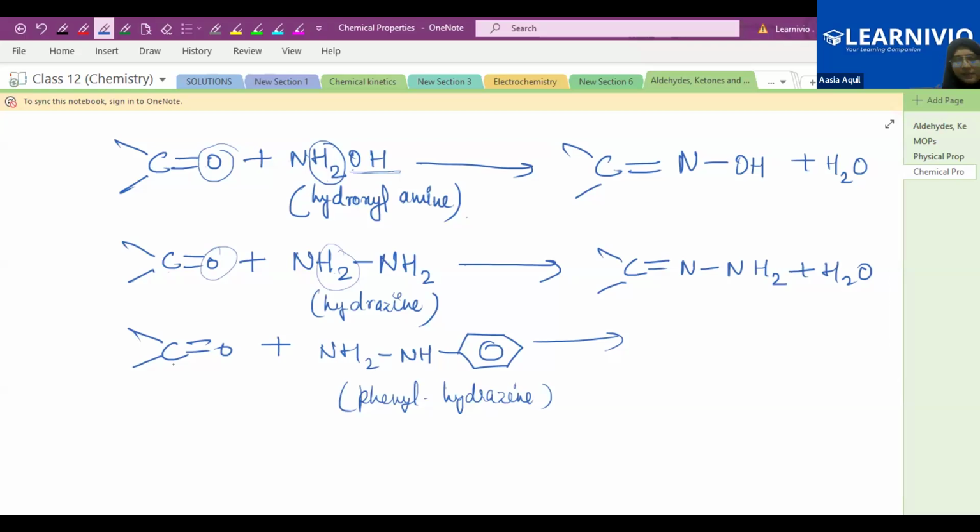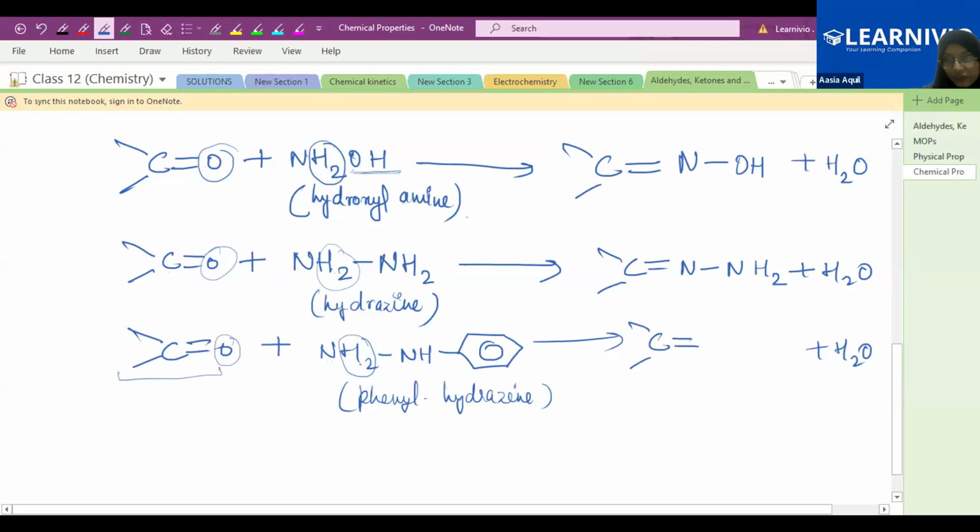The mechanism is very simple. Why don't you know, Jubita? Just try it. What I said you are supposed to do: this nitrogen NH2, you have to remove two hydrogen from here and one oxygen from here. So this H2O will be removed. And let's start from here, carbon, double bond.